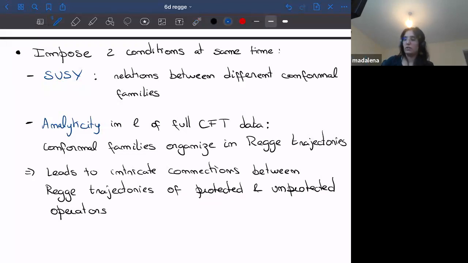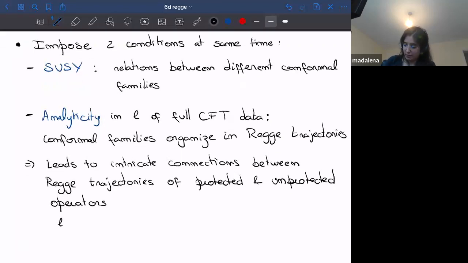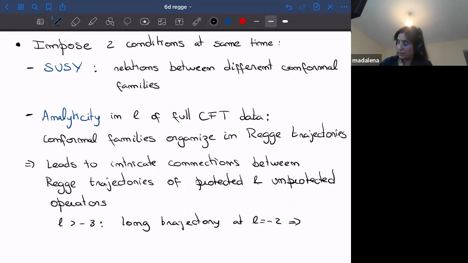And one highlight of the results is that I claim we'll have analyticity for spin bigger than -3, and we'll see how negative spins play a role. We will see that a long trajectory at spin equals -2 must give a protected trajectory that is none other than the trajectory of the stress tensor.